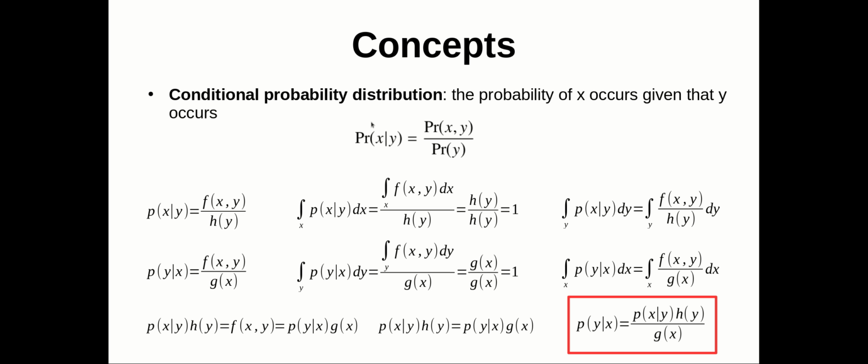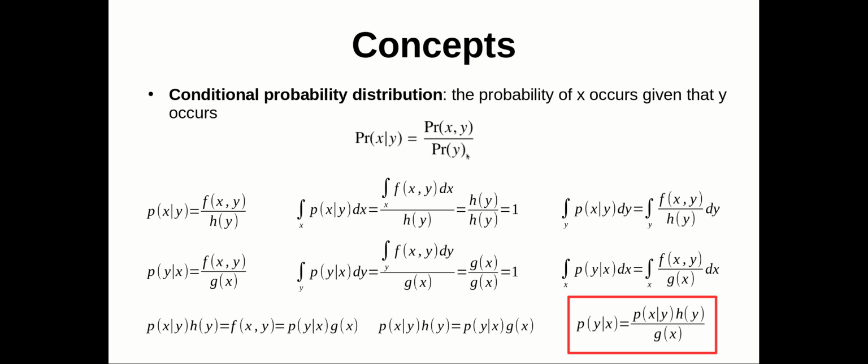So how is the conditional probability actually represented, right? The probability of x conditional upon y, with a vertical bar, is defined as the joint probability of both x and y occurs divided by the marginal probability that y occurs. So here you don't see x, right?